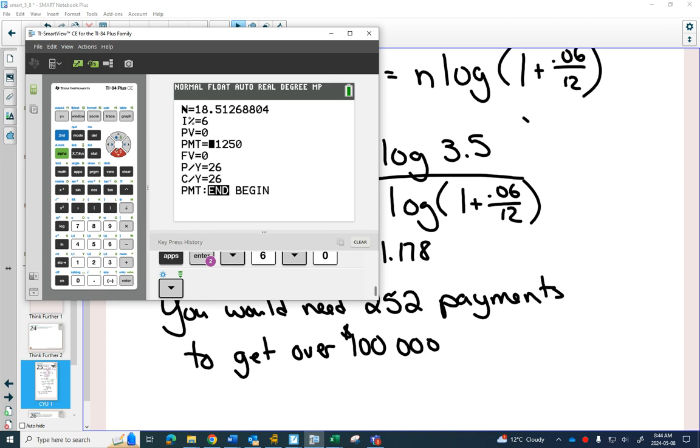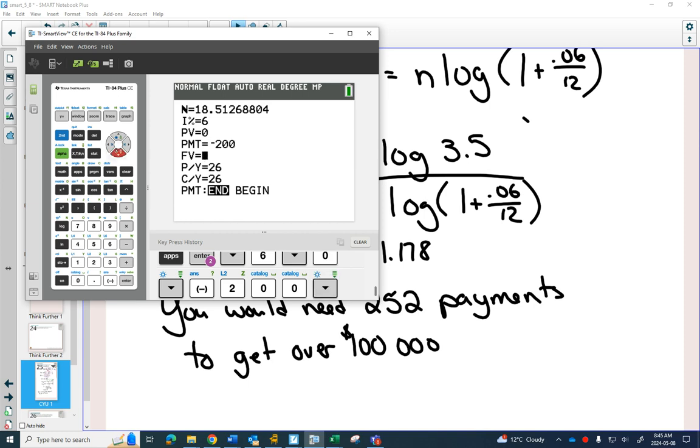Now, the program needs some way to determine whether you are getting money or putting money away, investing or paying something. So anytime you need to take money out of your pocket and put it somewhere else, either pay someone or deposit it in the bank, in this program we put that in as a negative. So since we're putting away $200 every month, that's going to go in as a negative.